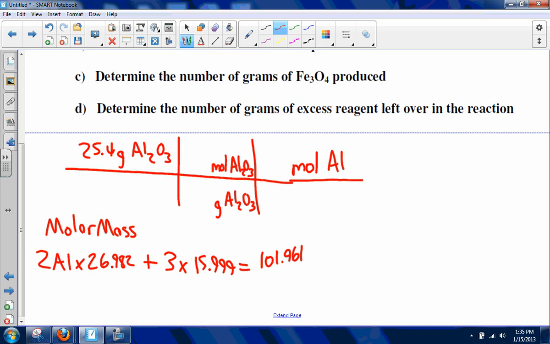Anyone else get that? Okay. Grams per mole. So where does this 101.961 go? The top next to the mole or the bottom next to the gram? Bottom next to the gram, because 101.961 is touching the g.